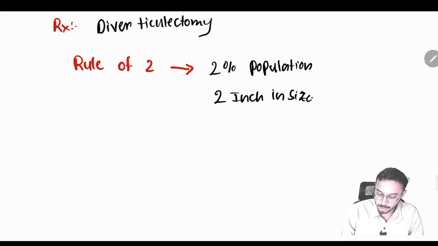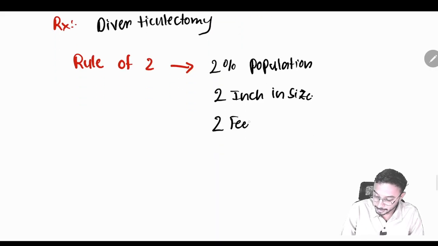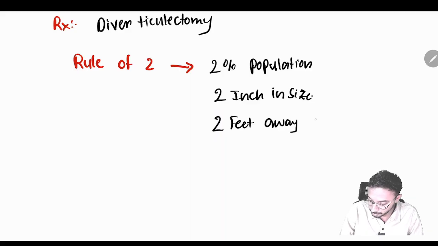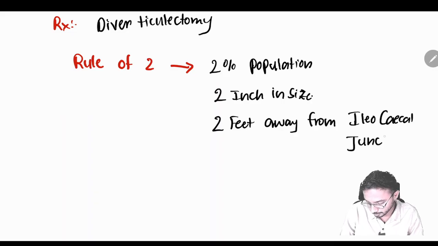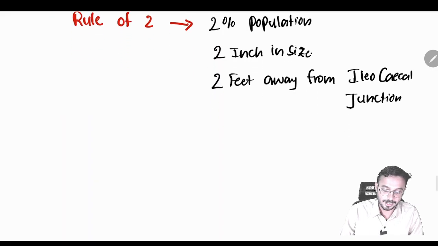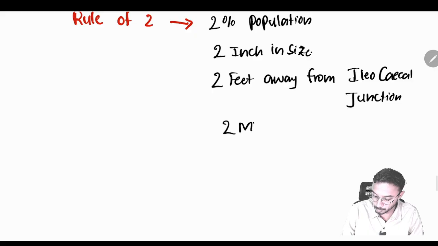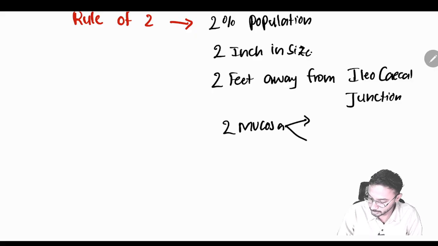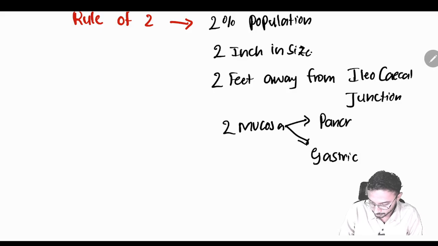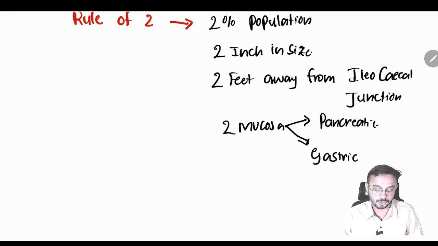Okay, and it is 2 feet away from the ileocecal junction. It also involves 2 mucosal layers: one is the gastric layer and the next one is the pancreatic layer. This is about the rule of 2 in Meckel's diverticulum.